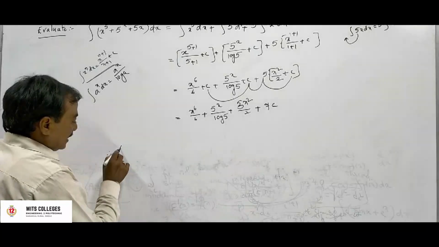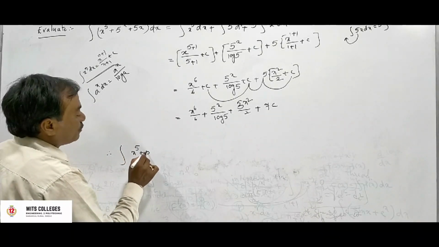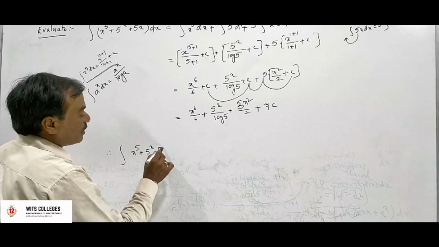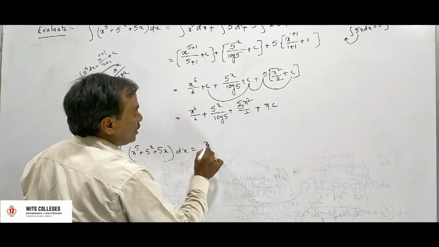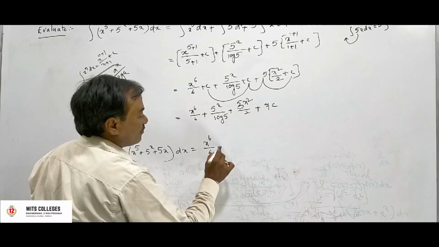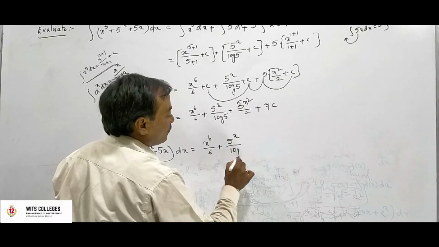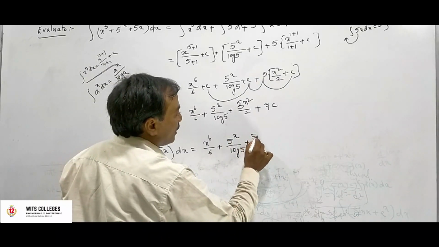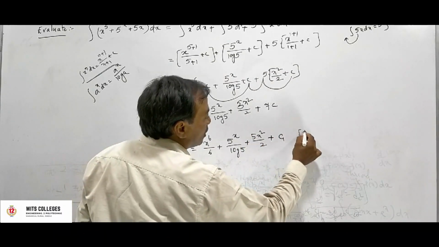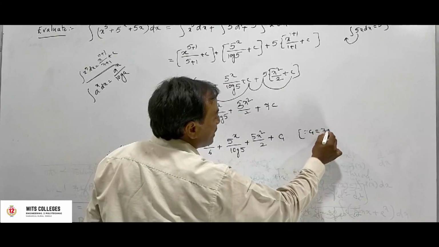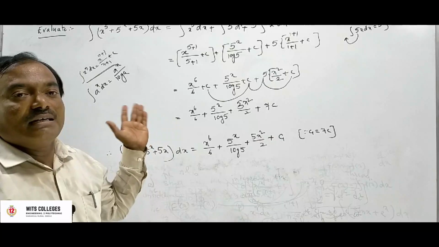So therefore, integral x to the power of 5 plus 5 to the power of x plus 5x dx equals x to the power of 6 by 6 plus 5 to the power of x by log 5 plus 5x square by 2 plus c1, where c1 equals 7c. So this is the process of finding the given integral value.